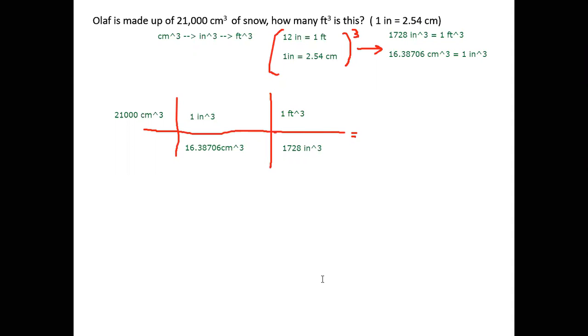So now you'll notice everything cancels but feet cubed. So again, you multiply everything on top, divide by what's on the bottom.